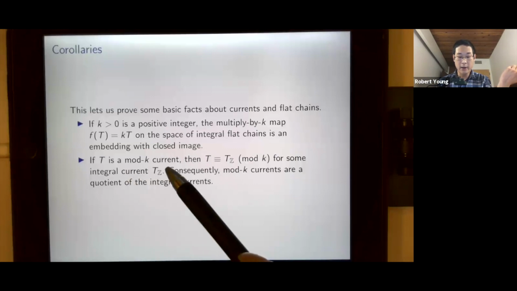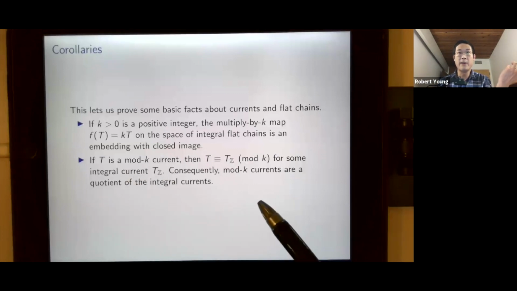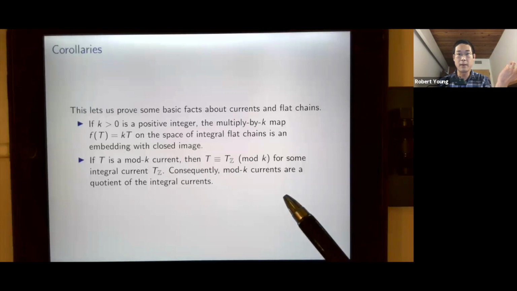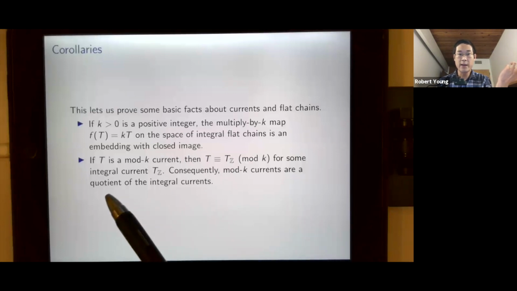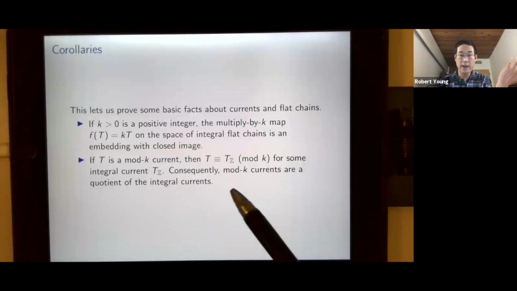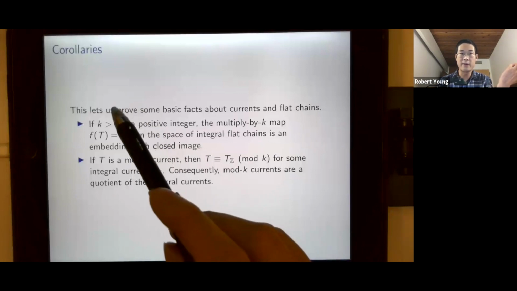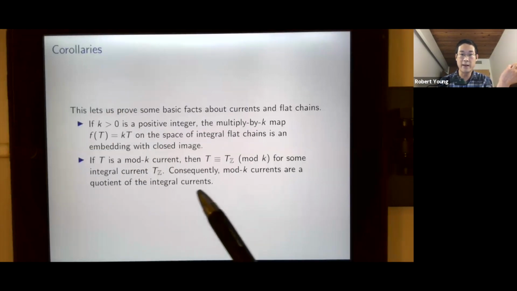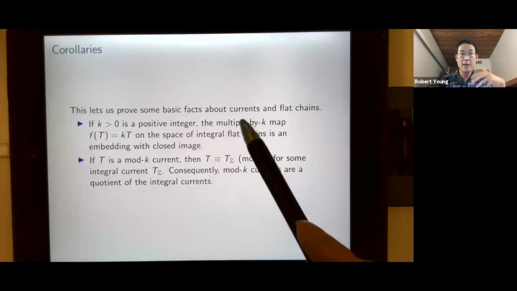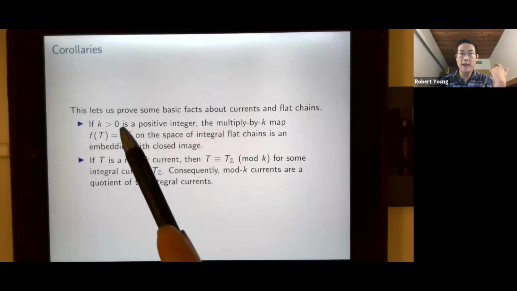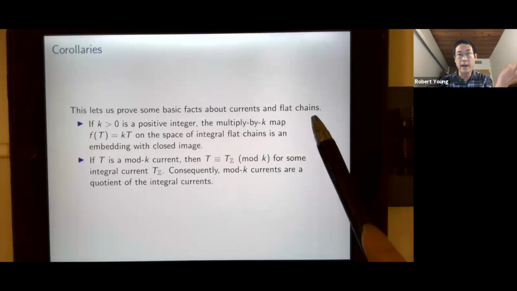The mod k currents are limits of mod k polyhedral chains. And so you can imagine that you could have a sequence of mod k polyhedral chains that converge to some limit, some mod k current. And each of those mod k polyhedral chains sort of automatically lifts to an integer chain, but that sequence of lifts might not converge in the end.